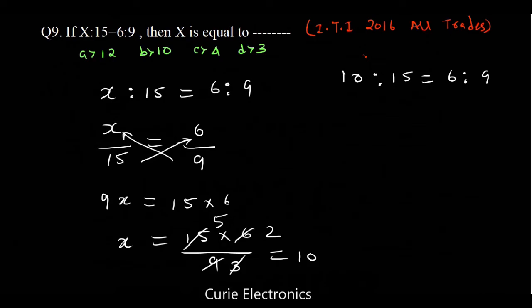Now let's try to simplify. If I simplify this, what will we get? I'll get 3, 2 is to 3. So we can't simplify because 2 is not there in the answer. So x equal to b. 10 is the right answer.